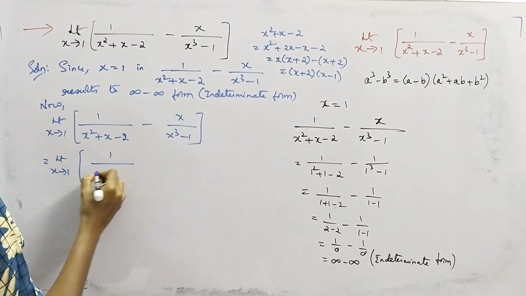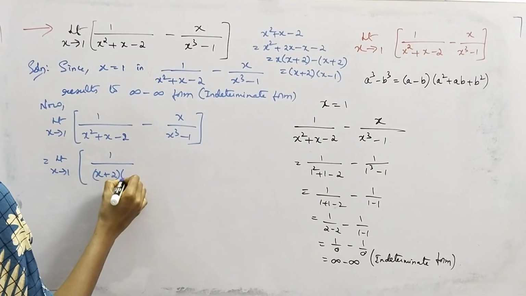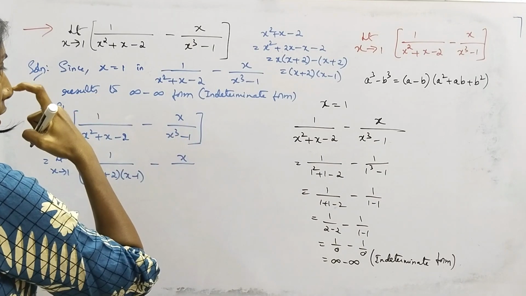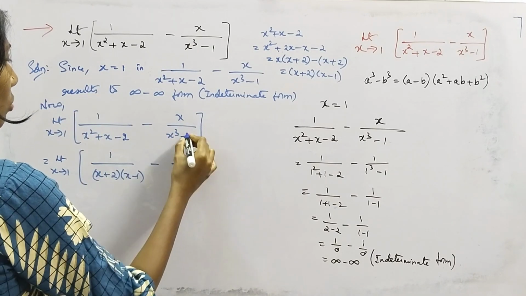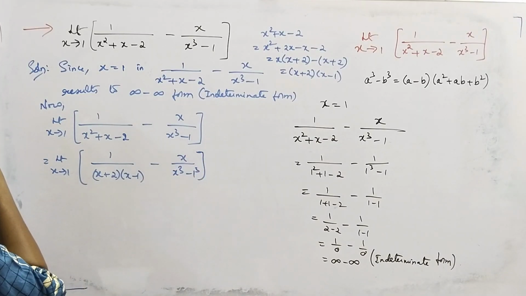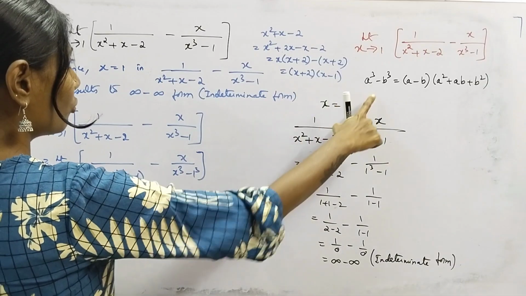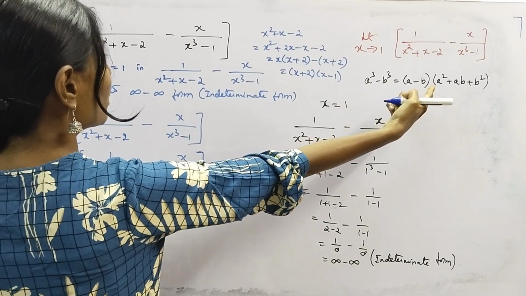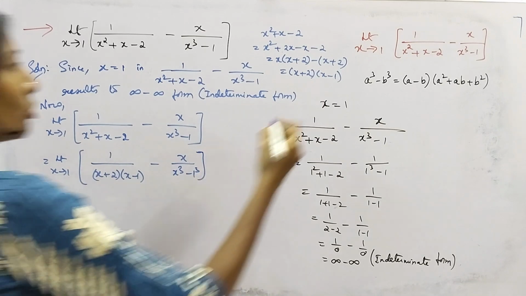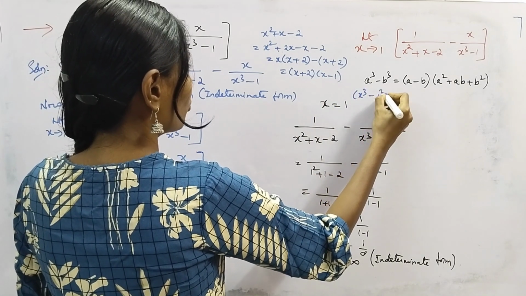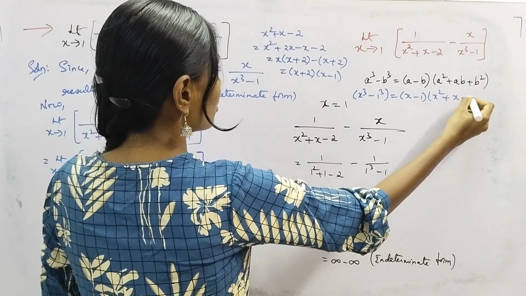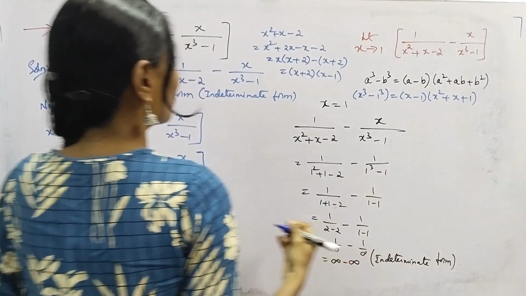You got (x plus 2) into (x minus 1), minus x by, here you can write this 1 as 1 cube, right? And also you have the formula a cube minus b cube equal to (a minus b) into (a square plus ab plus b square). So from this you will get x cube minus 1 cube equal to (x minus 1) into (x square plus x into 1 plus 1 square), which is 1, right?